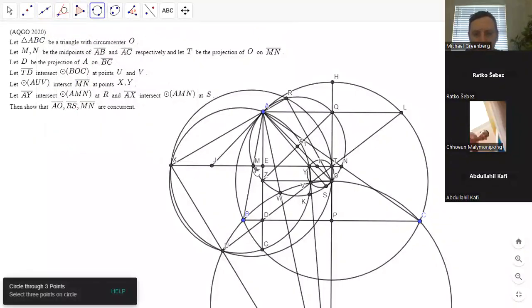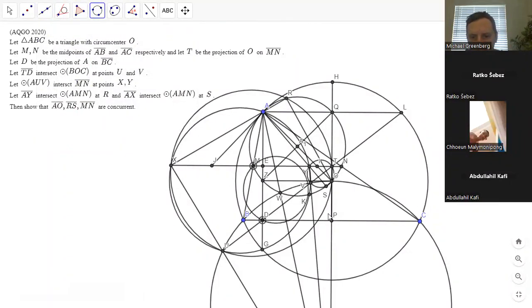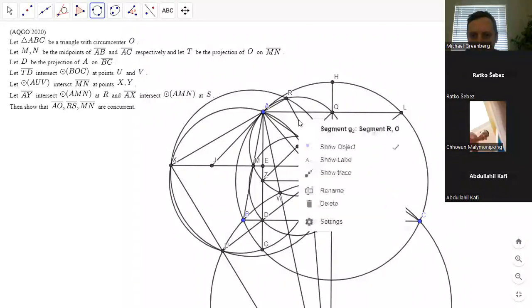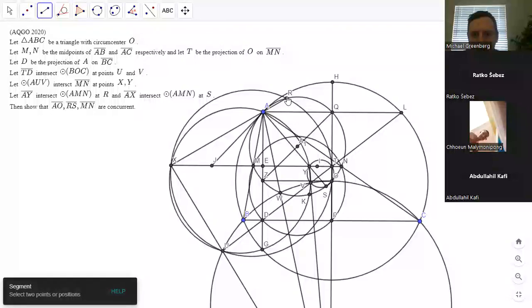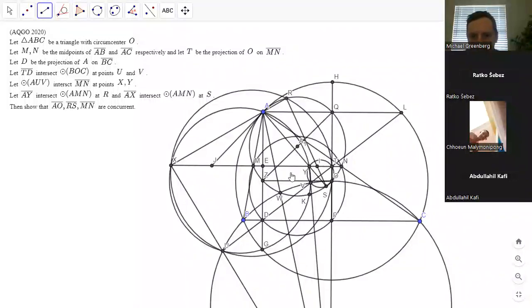So actually, maybe we could even use the nine-point circle here. So we could define I to be the intersection of RS and MN. And then we want to show I lies on the radical axis of these two circles. It's one way to do it.